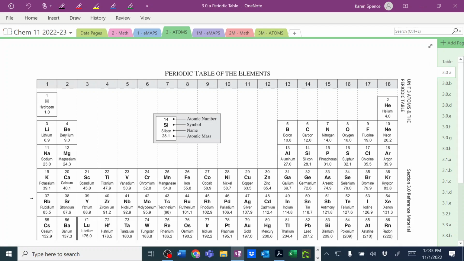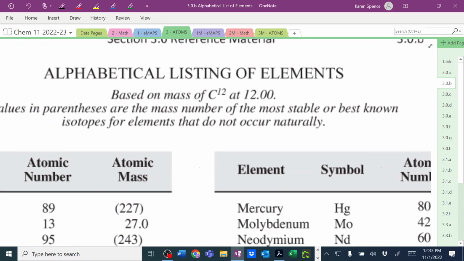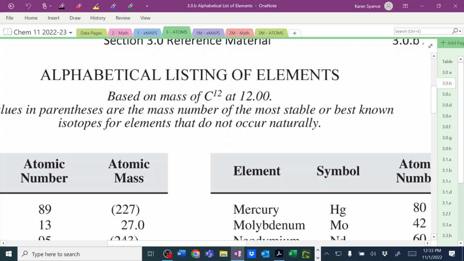Okay, so just to familiarize you with what is in your workbook, you should know that you have your periodic table. On the second page, which is also the back of the green sheet, you have an alphabetical listing of elements. This is really nice.